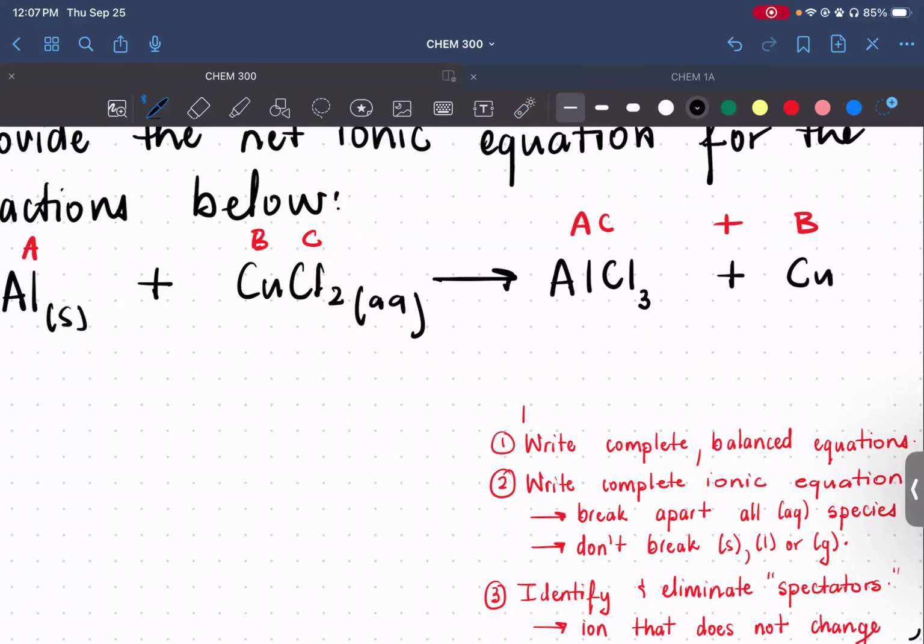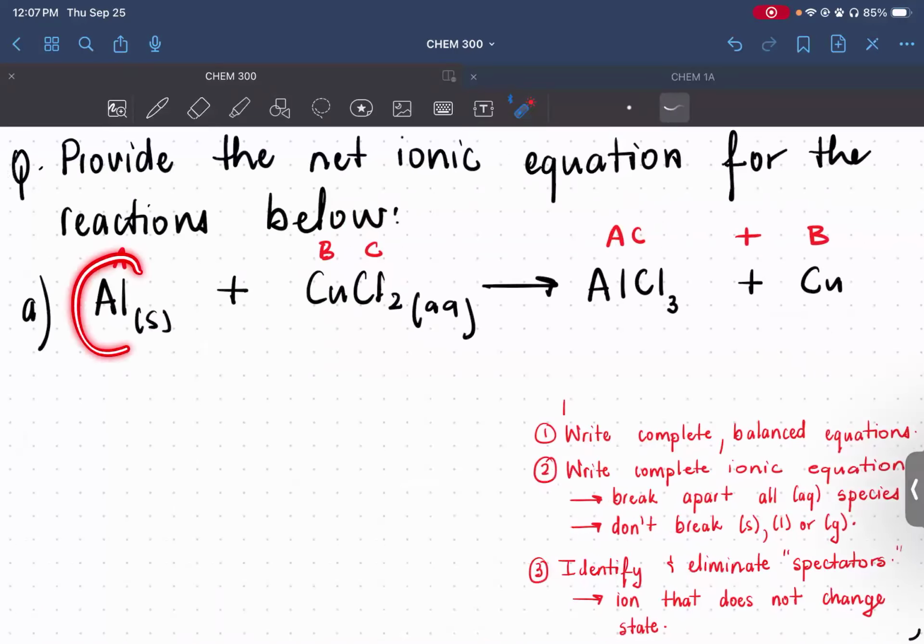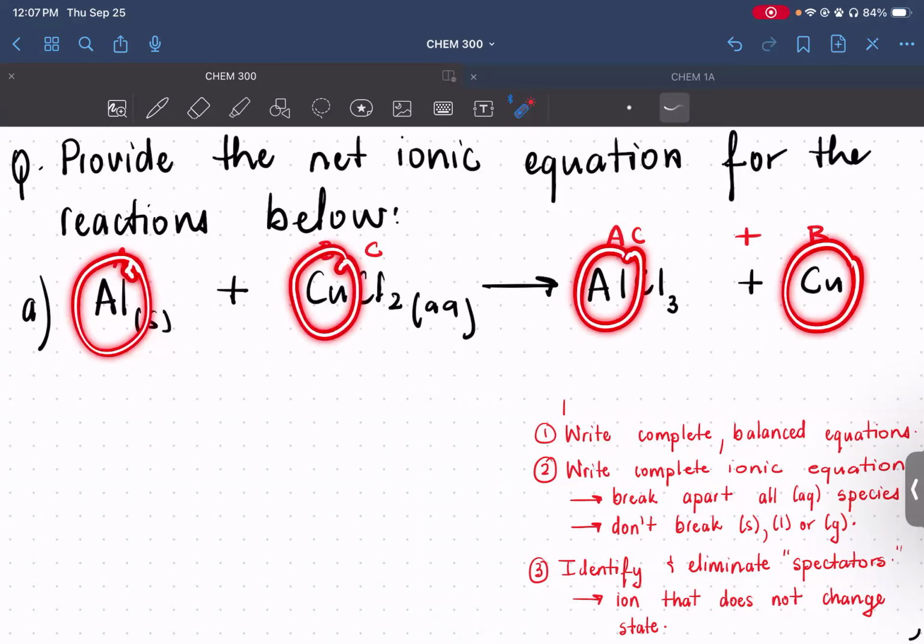Now that we've matched ions and crisscrossed as needed, we'll take a second to balance the equation. 1 aluminum on the left, 1 aluminum on the right, 1 copper on the left, 1 copper on the right.